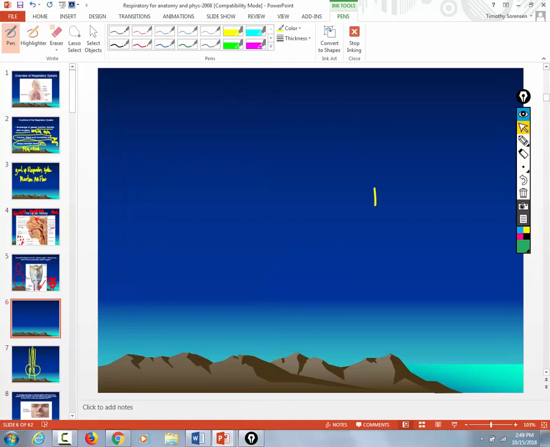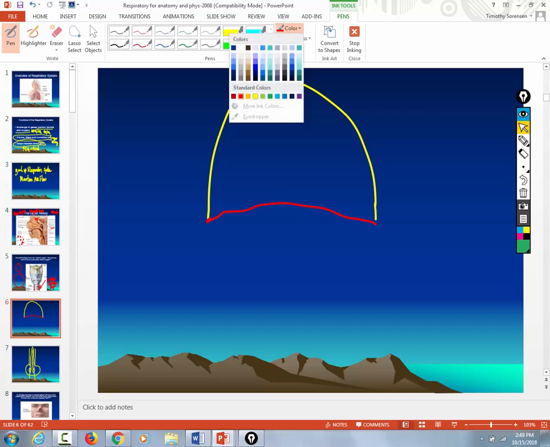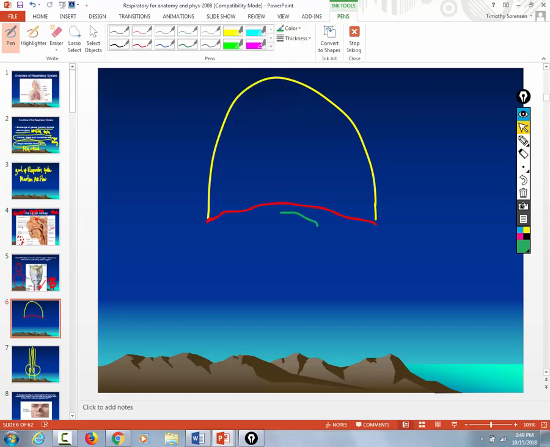So that's why. So there's actually, again, if you're looking from the top, here's a C-shaped cartilage ring, and then you have this tough band of flexible connective tissue. And then the esophagus is here. So when you're eating something, it allows the esophagus to expand a little bit to accommodate that food.